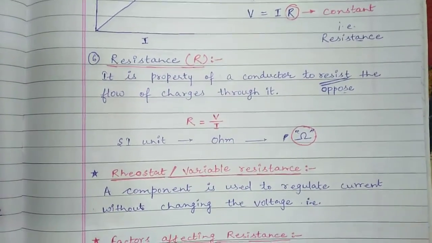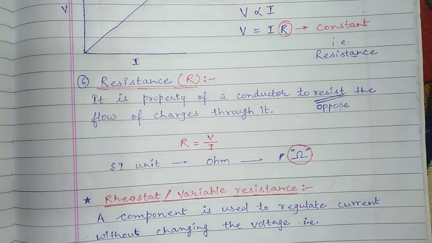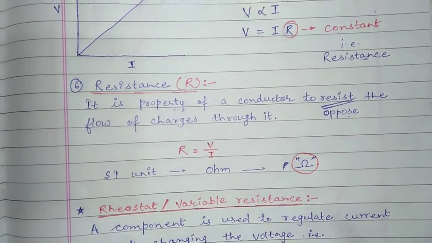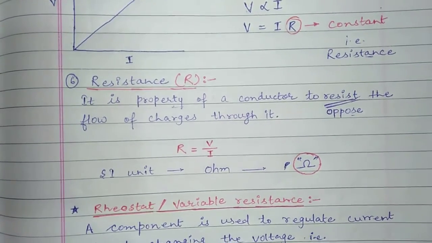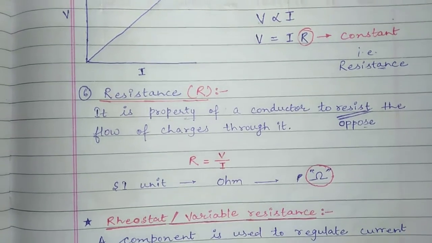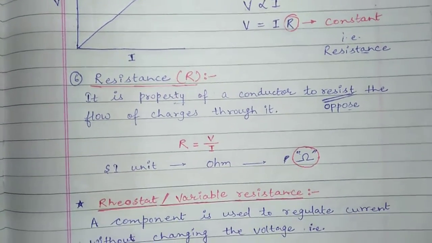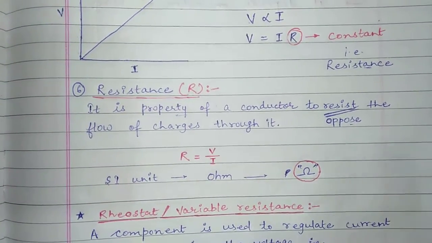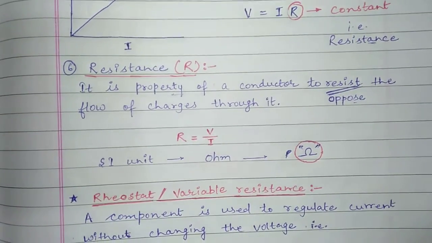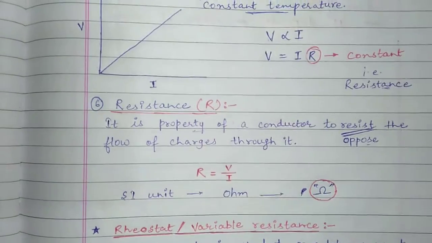Then, students, here we will discuss resistance. Resistance is a property of a conductor, of any wire or conductor, which resists or opposes the flow of charge. Means charge is flowing into the wire, and another property affects the flow of that charge, that is known as resistance.